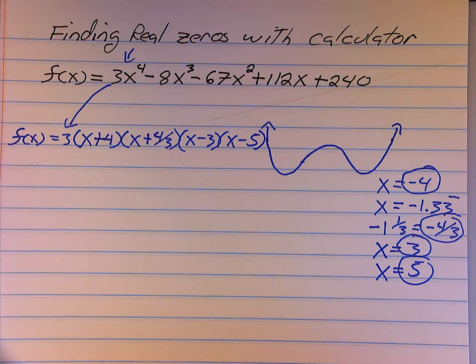It's the same fourth degree polynomial, but I used my calculator to help locate those zeros. Once we located the zeros, we could write it in factored form.